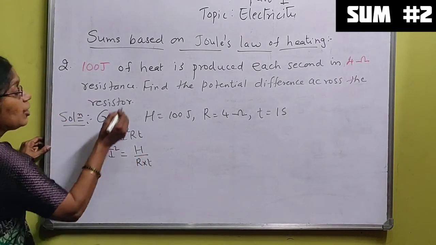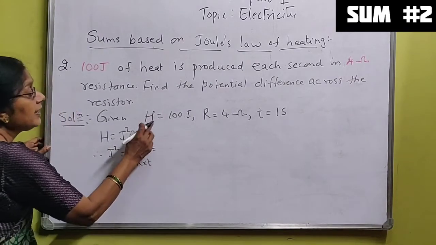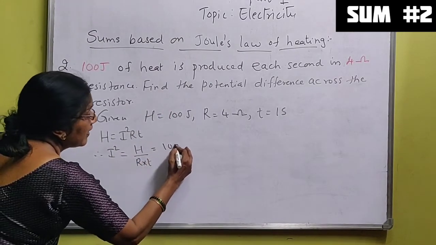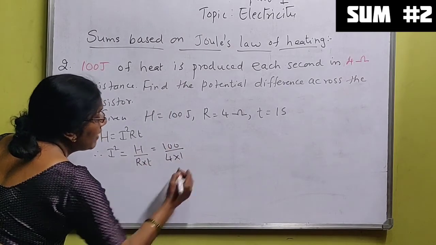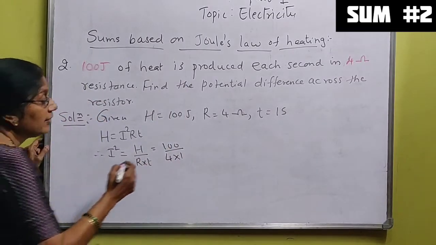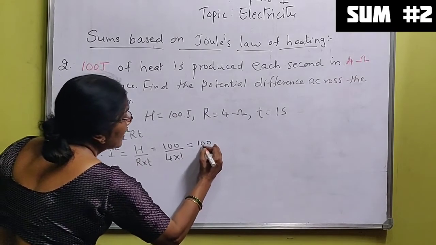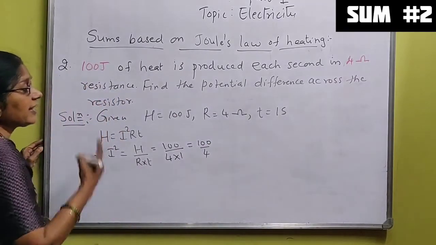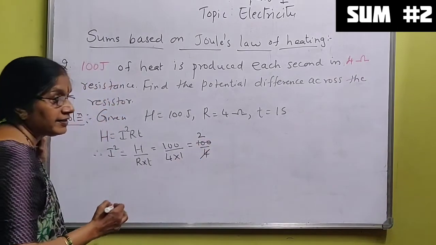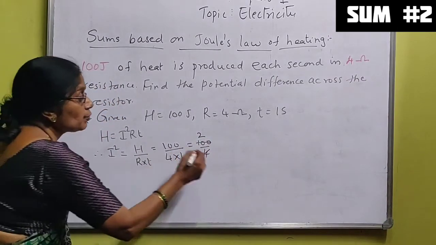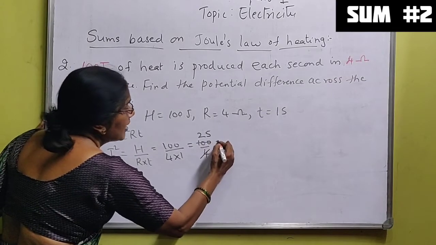So what is the value of H? The value of H is 100. What is the value of R? R is 4. What is the value of time? 1. So we get 100 by 4. We can cancel: 4 2s are 8, 10 minus 8 is 2, 4 5s are 20.